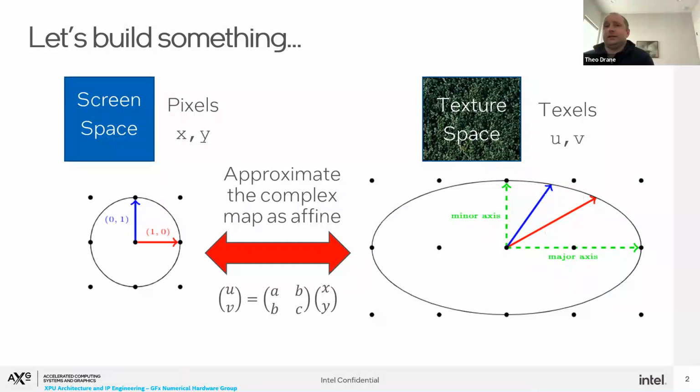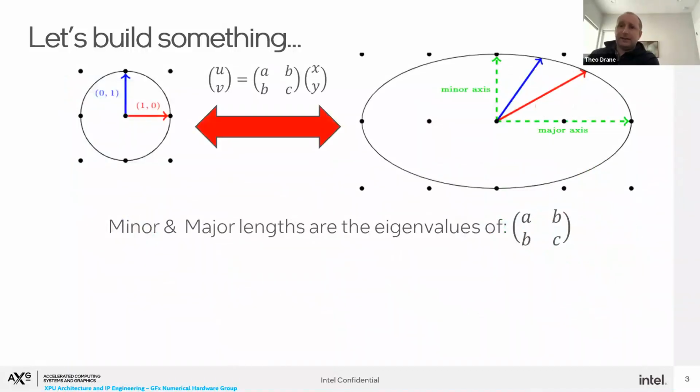What that means is a circle in screen space becomes an ellipse in texture space. I've done a very cut down toy example of what this would look like. Imagine that transformation is buried in a 2D matrix, which in this case happens to be symmetric. One of the things you have to do is work out how big the ellipse is that you end up with in texture space.